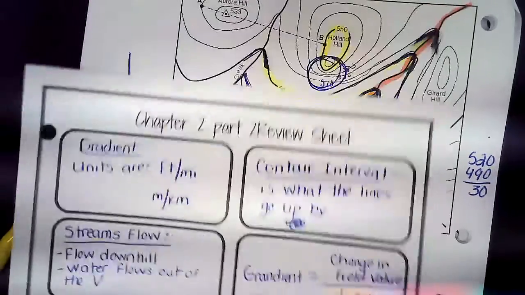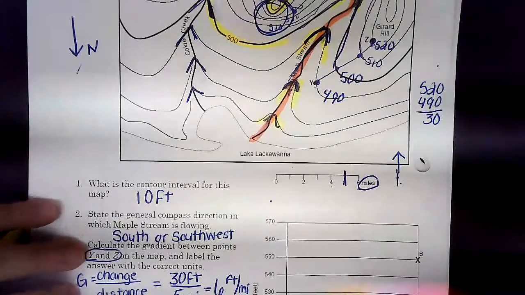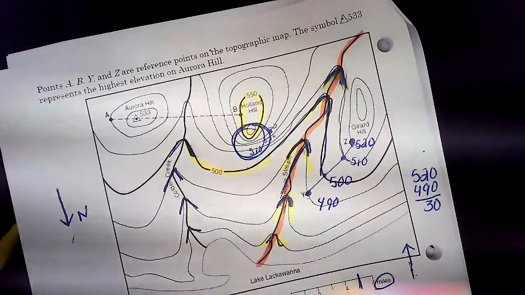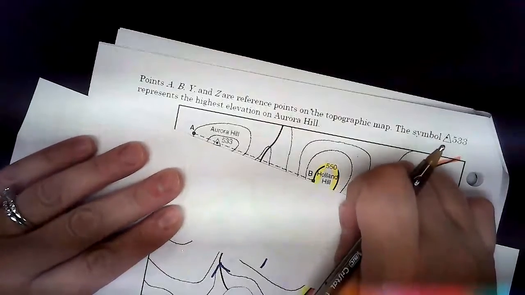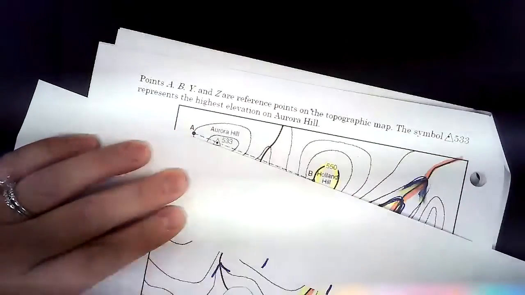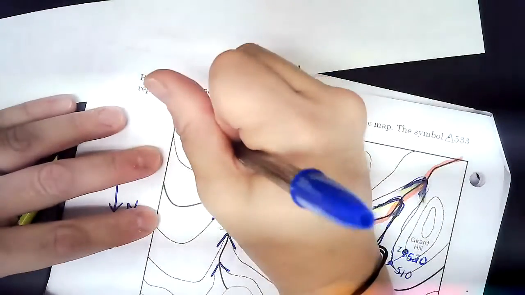All right. Finally, the last thing that you have to be able to do with these is the profiles. So to make a profile, I highly recommend step one would be to label the lines.